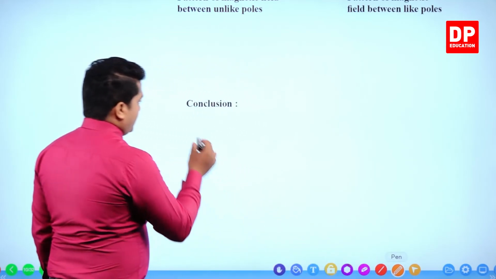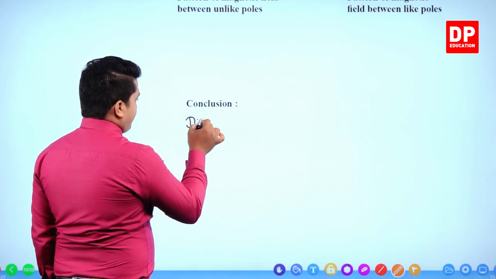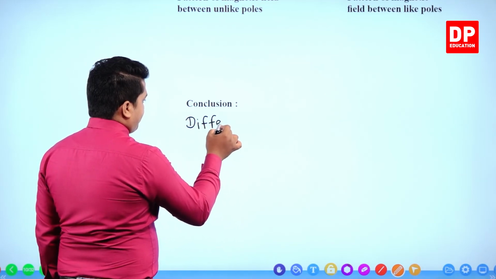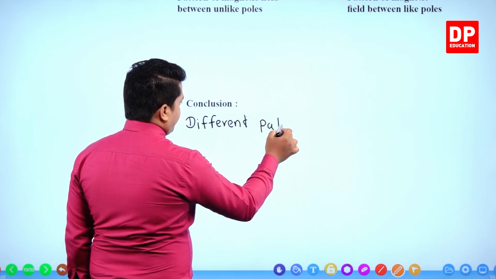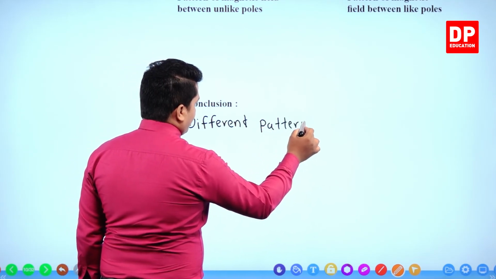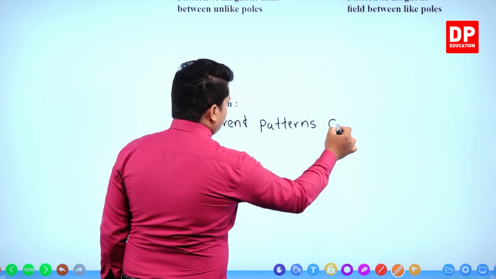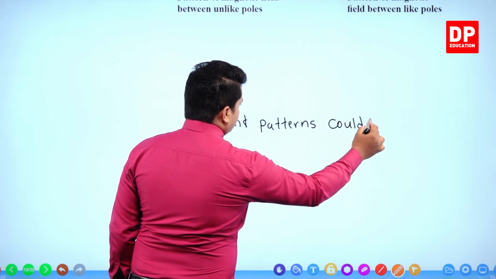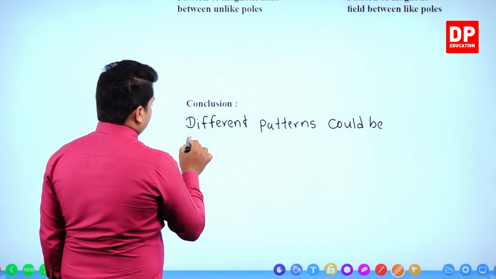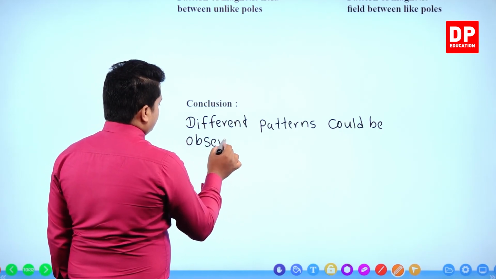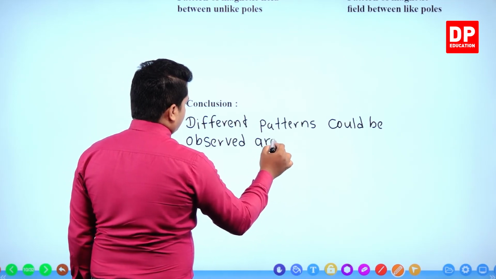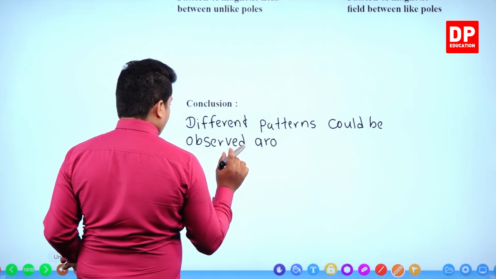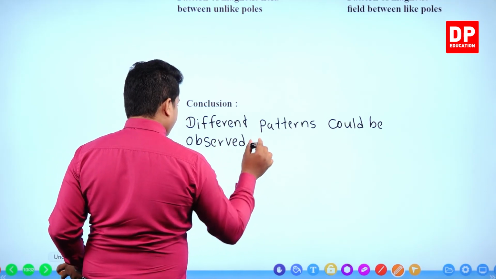Different patterns could be observed in the magnetic field.